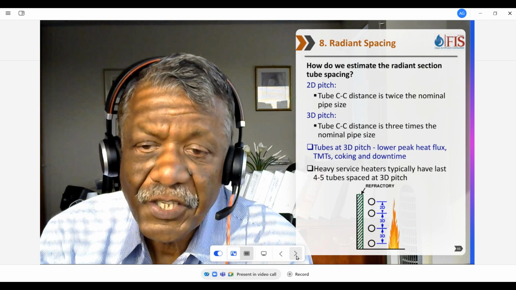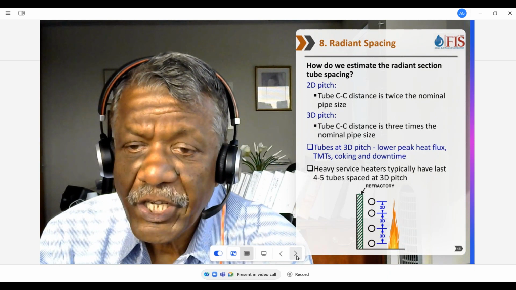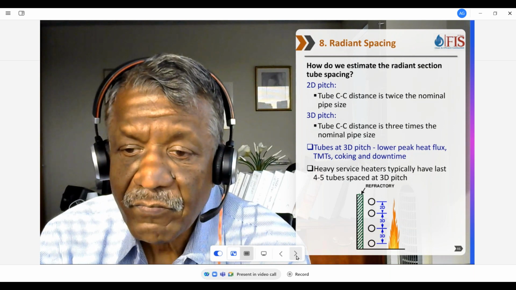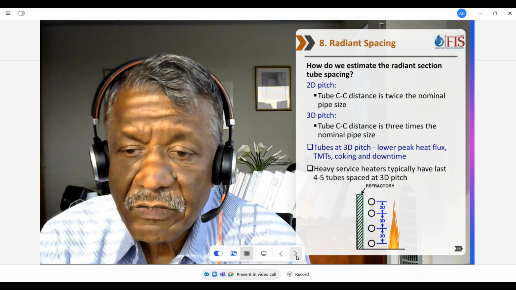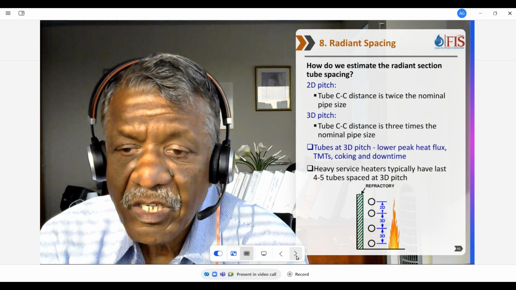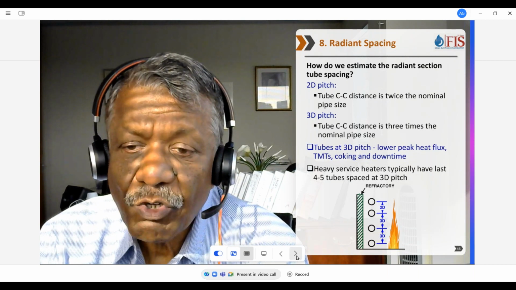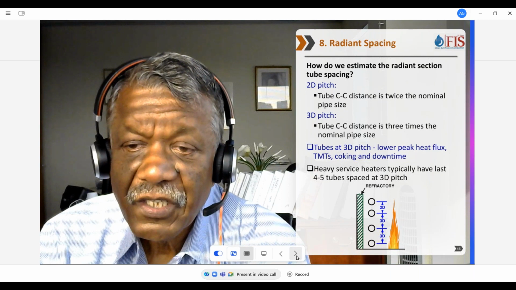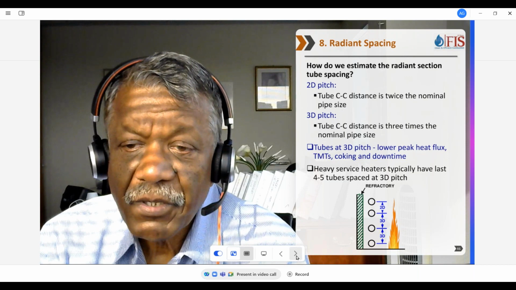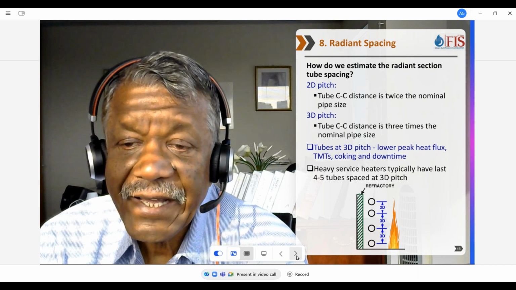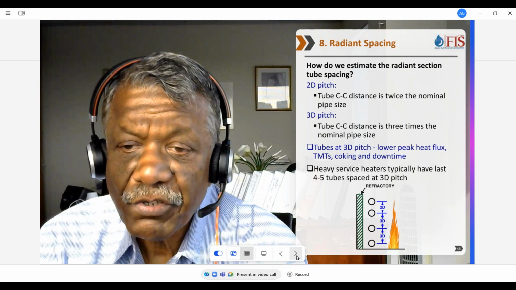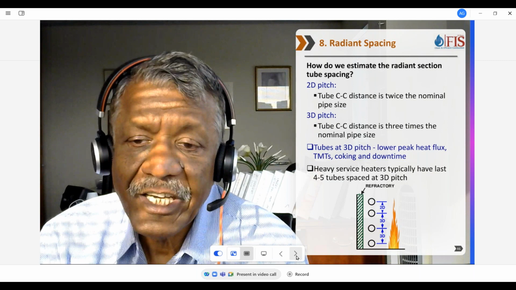Floor heat flux is nothing but total heat duty divided by the area of the floor. And the lower the number, the better your heater will be. Also, H by D is a good indication. If you go for a higher H by D, you will be coming up with a tall and narrow heater, and that will lead to a lot of operating issues. So do not go very high on H by D.